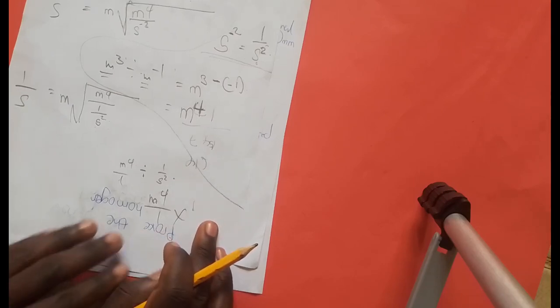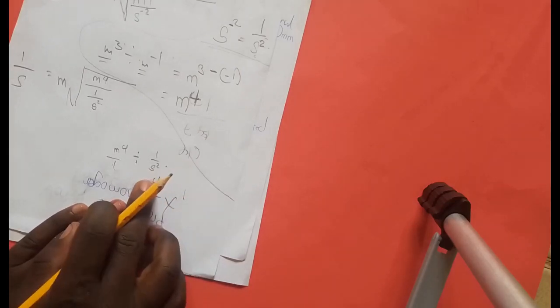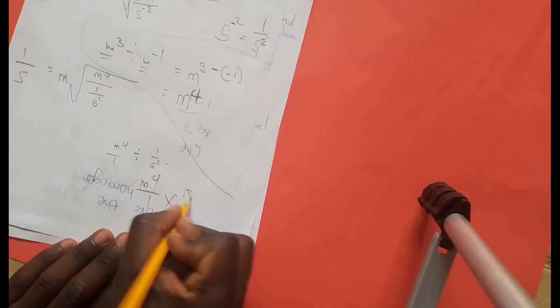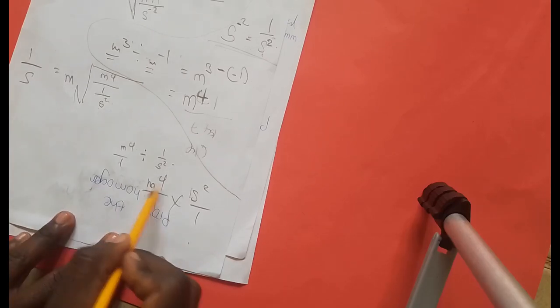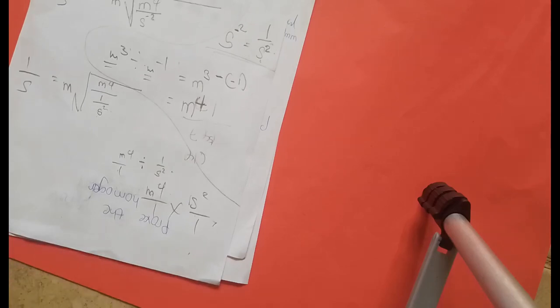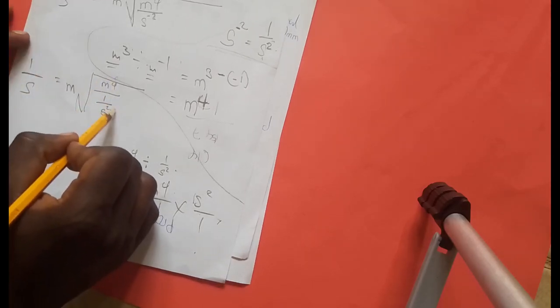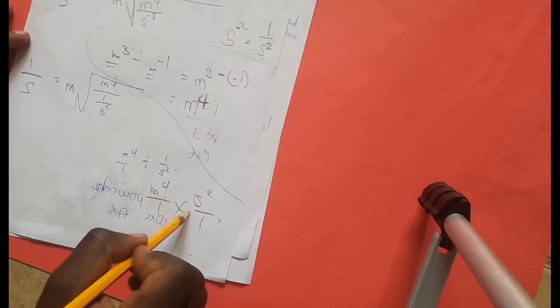The bottom becomes the top, so s to the power 2 over 1. Then we end up with m to the power 4 times s to the power 2. So simplifying what is under the root sign leads to m to the power 4 times s to the power 2.